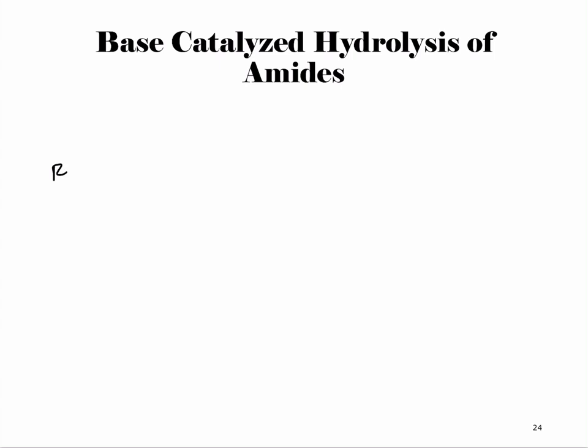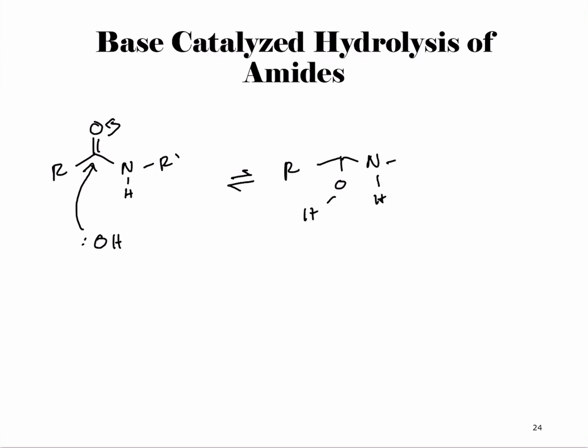Start with our amide. We can do a primary amide just to switch things up a little here, or a monosubstituted amide. We have our base in solution, which will then attack the carbonyl carbon and generate our tetrahedral intermediate with an O minus.